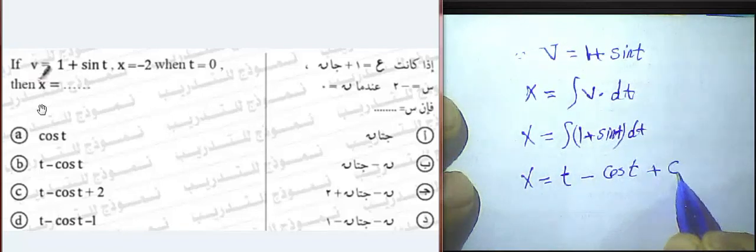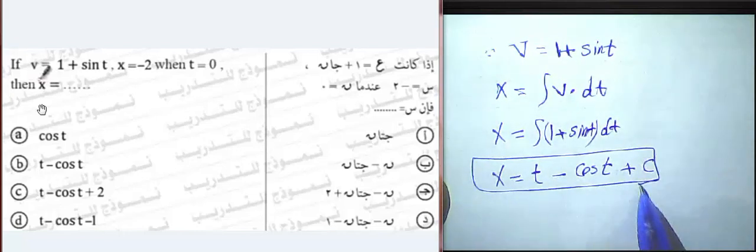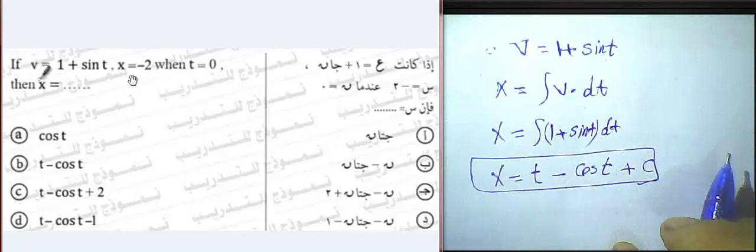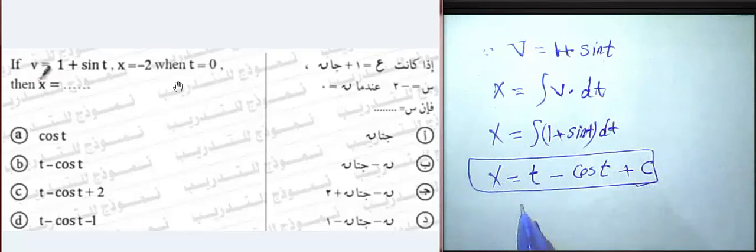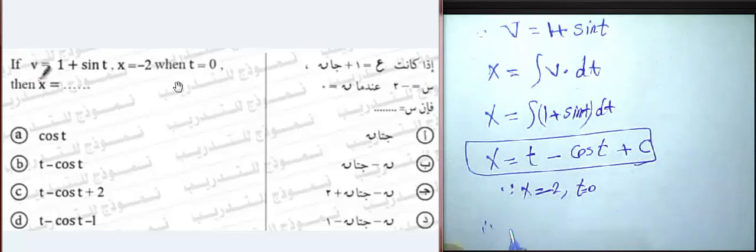We must write a constant here. We can find the constant from the given information: x equals negative 2 when t equals 0.